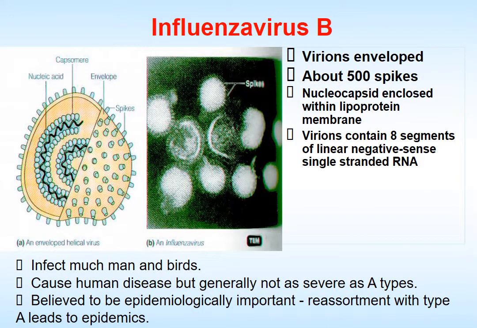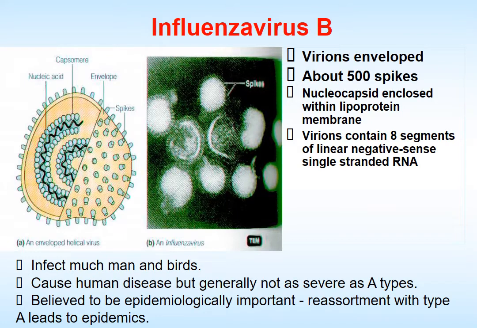Influenza B virus is also an enveloped virus. This type has about 500 spikes, a nucleocapsid enclosed within a lipoprotein membrane, and virions also contain 8 segments of RNA.